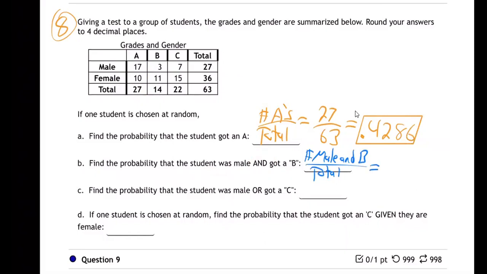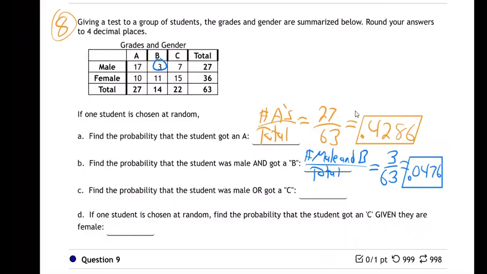So how many are male and got a B? 3. See the 3 right there? Those are males who got a B. Over the total, same total, 63. Divide that on your calculator. I'm getting 0.0476.